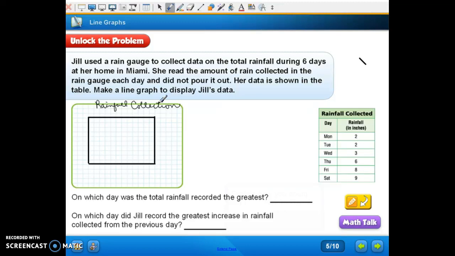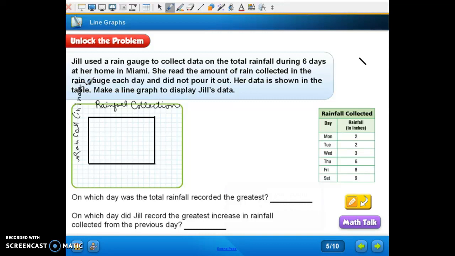That's going to go over to the side. Rainfall in inches. Okay, sorry, that's not very readable.